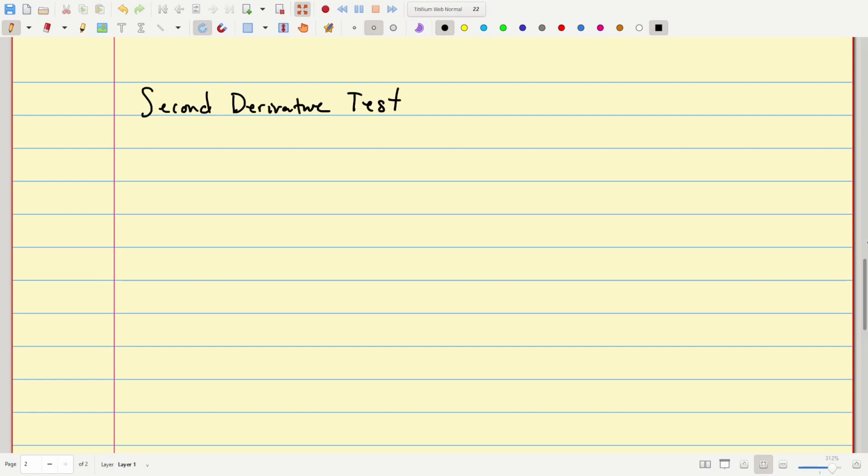Okay. What we want is a reliable way to determine if things are local mins or maxes without having to do the kinds of guesswork that we were just talking about.